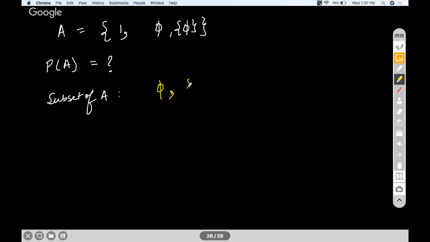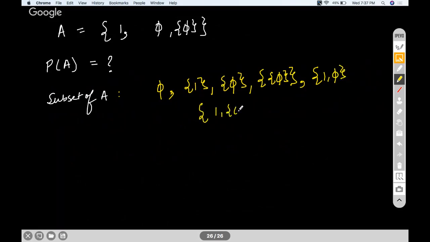You will have a set of 1. You will have a set of null set. You will have 1 and null set combined as a set. You have a set of 1 and the null set as a set. And finally, you'll have a set of null set and a set of null set as a set.